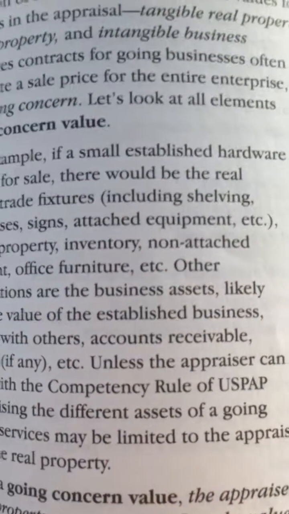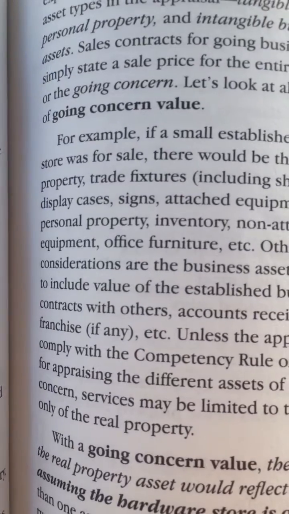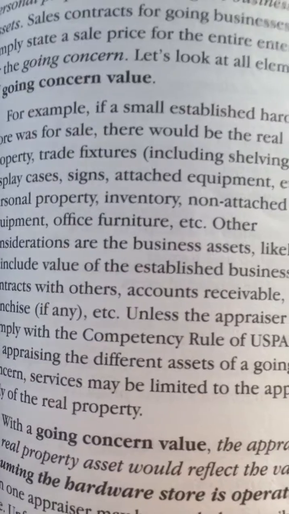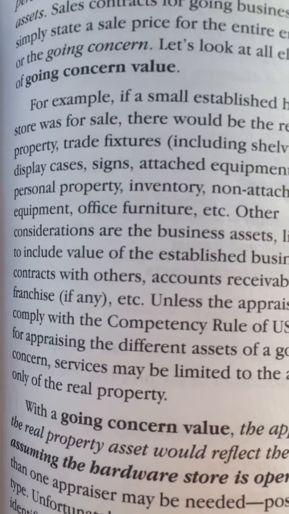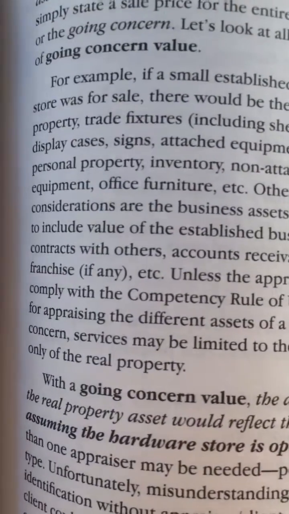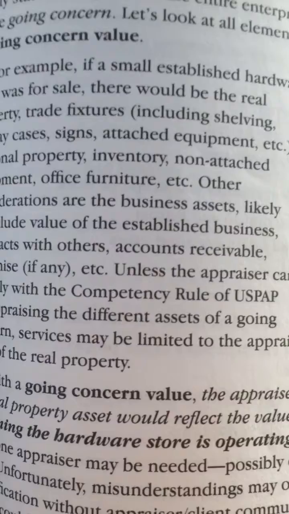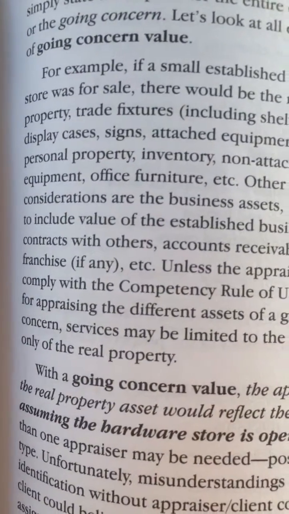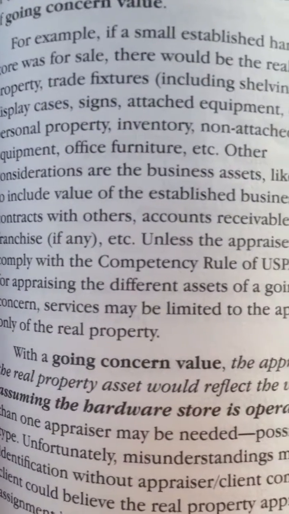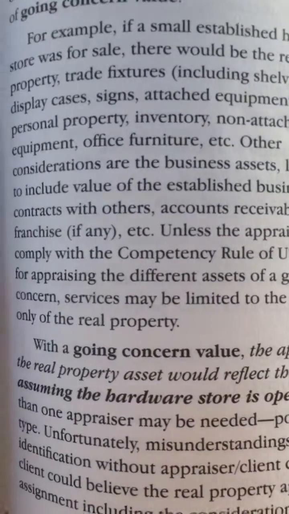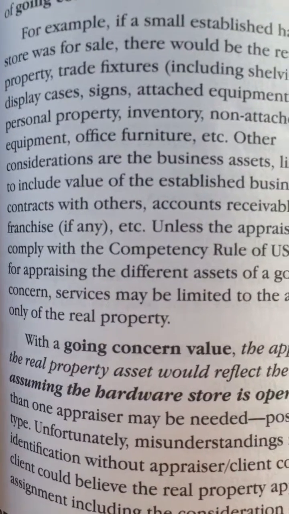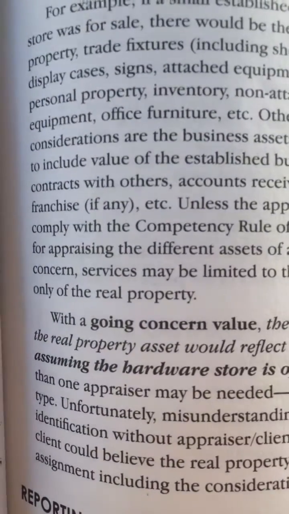For example, if a small established hardware store was for sale, there would be the real property, trade fixtures, including shelving, display cases, signs, attached equipment, etc., personal property, inventory, non-attached equipment, office furniture, etc. Other considerations are the business assets, likely to include value of the established business, contracts with others, accounts receivable, franchise if any, etc.